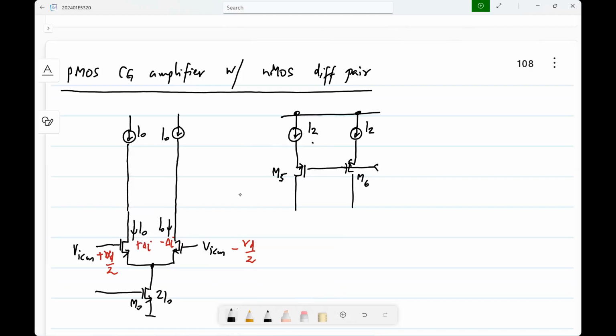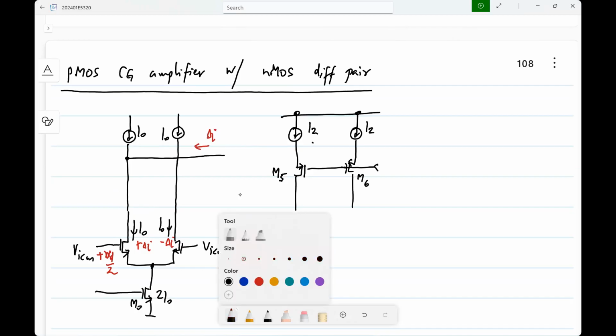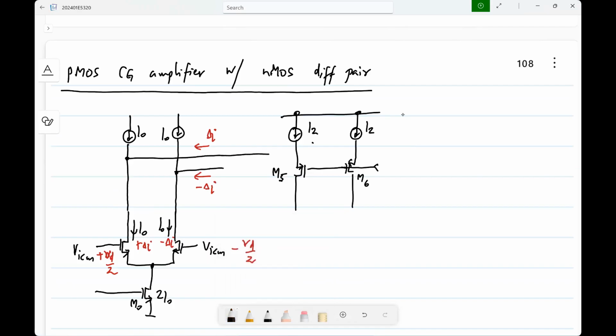I subtract I naught. What will be the current there? Delta I, right? I have I naught plus delta I there, so delta I will appear from there. And similarly, in the other one, it will be minus delta I. So I feed it to that.